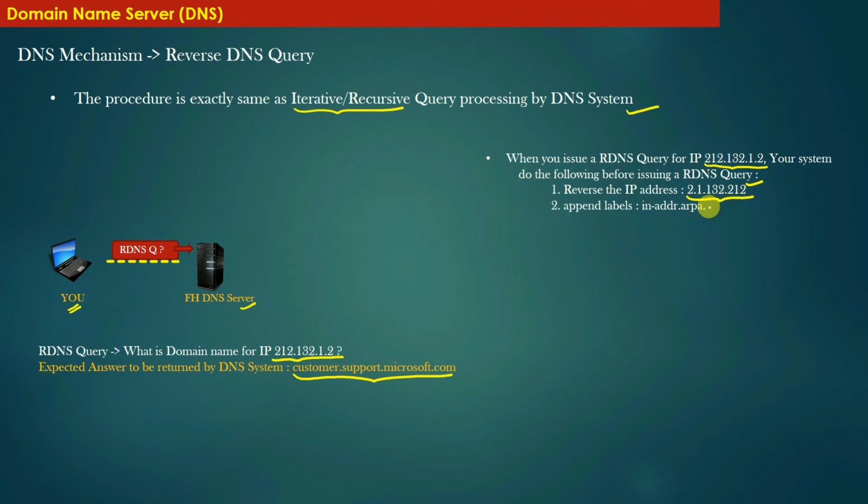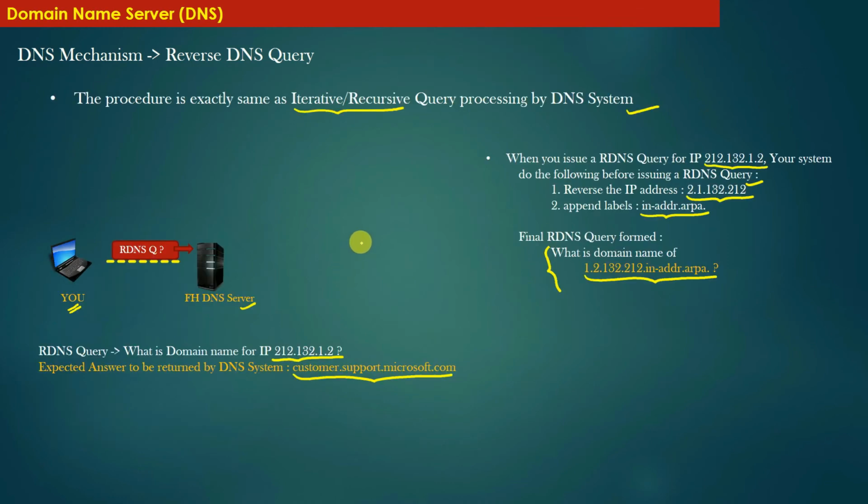In the second step, your local system appends the partial domain name in-addr.arpa. So the final reverse DNS query will be: what is the domain name of the following modified IP address? You can see that the IP address has been reversed, and not only that, it has been appended by the in-addr.arpa string, which is actually a path in the DNS tree.